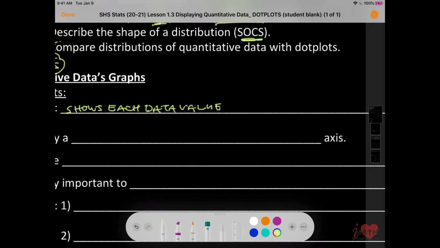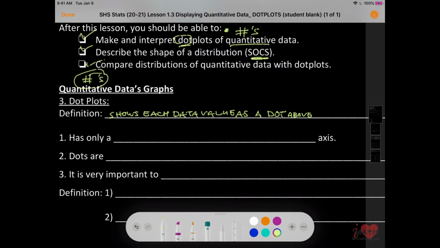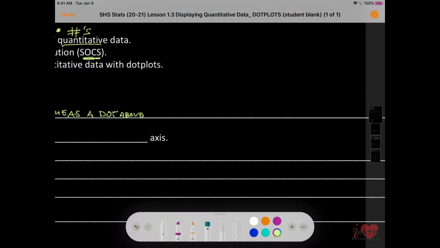trying something different with the black background, as a dot above its location on a number line.